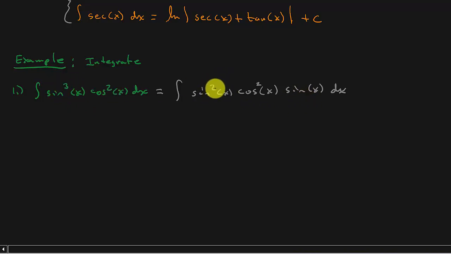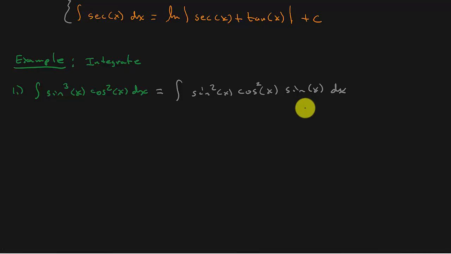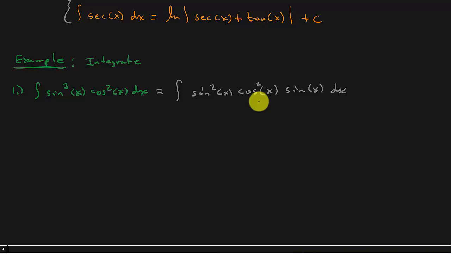So the sine cubed, we take a sine factor out and put it here, and then this now becomes sine squared. What we want is to be able to use u substitution. You see this sine x dx. Well, we know the derivative of cosine is negative sine, so we're going to let u equal cosine.